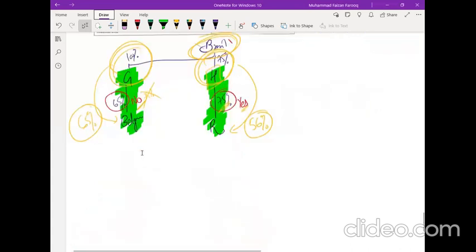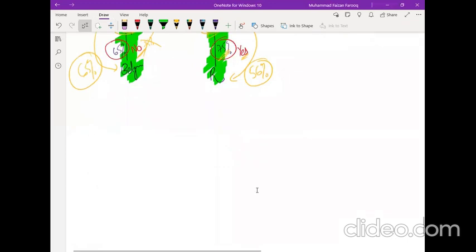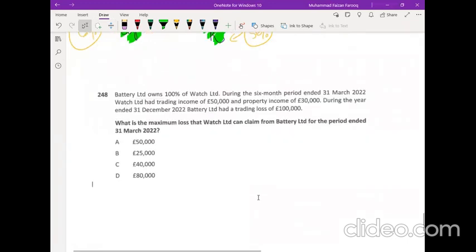Okay, this is the last question from the kit. Just take it as an assignment and share the answer with me through WhatsApp. And this chapter is completed and we did the kit as well.